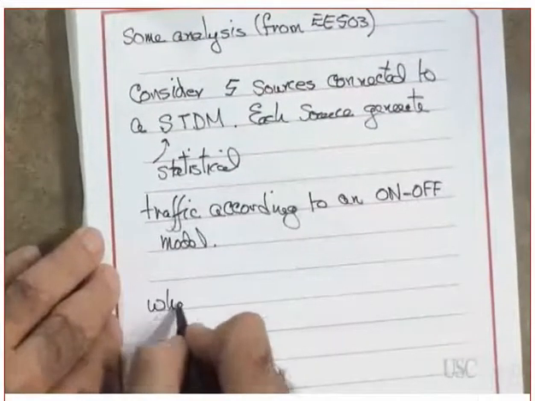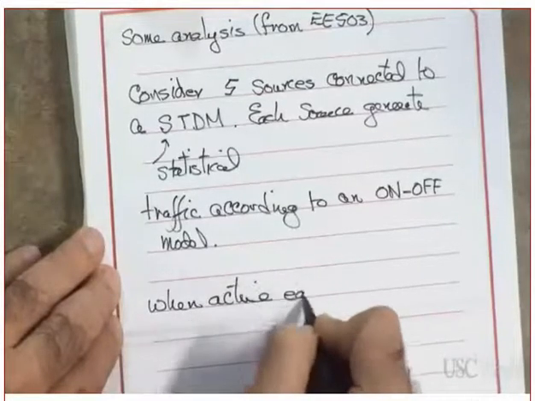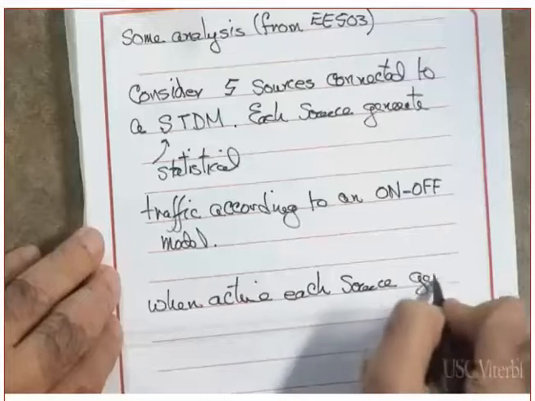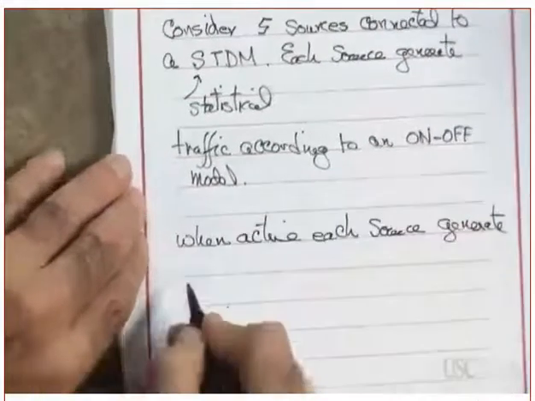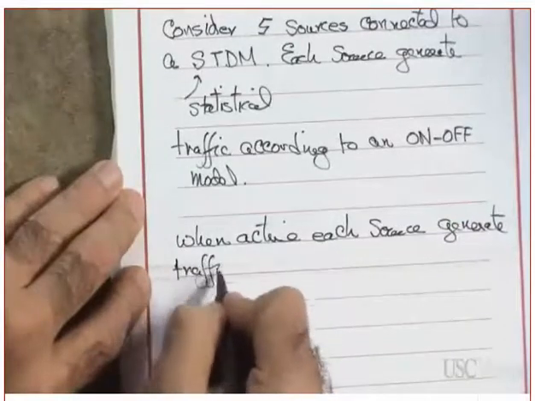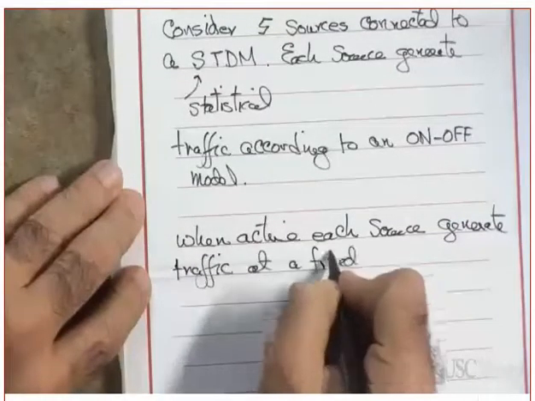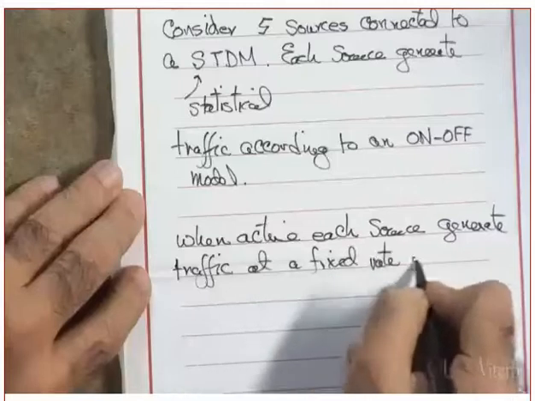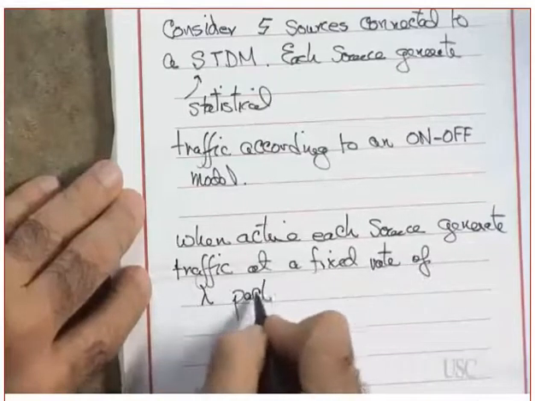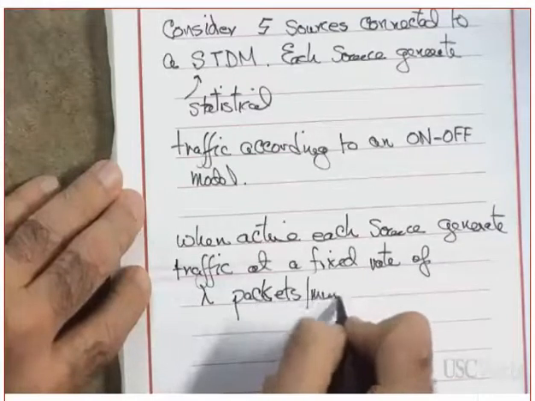Okay, when active, each source generates, let's say, traffic at a fixed rate of, let's say, lambda packets per minute.